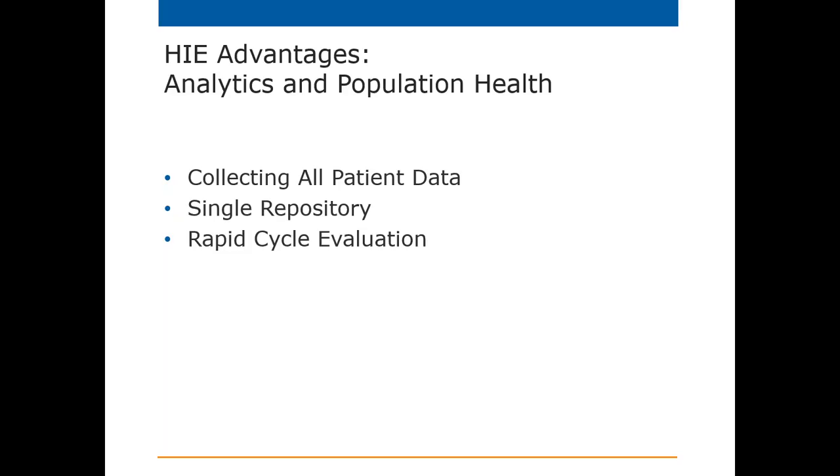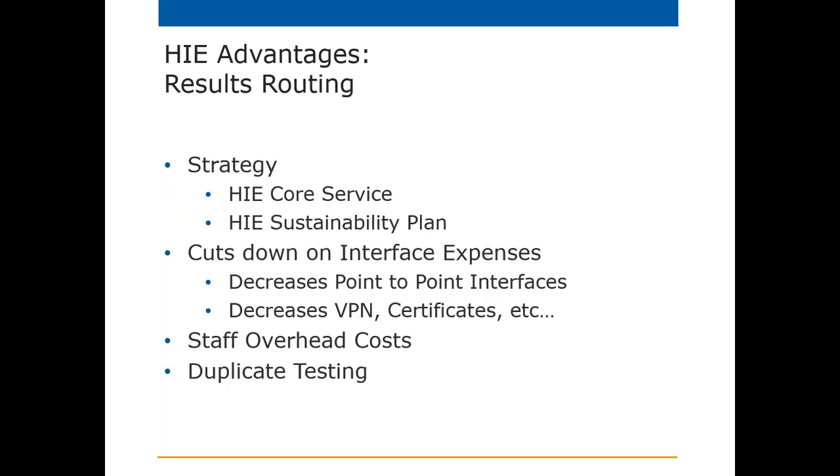Any HIE should be able to provide you with that option. So analytics, population health, collecting all of that patient data into one single repository and rapidly churning out: where do we stand? How did we do on our own, and how do we compare to everybody else?